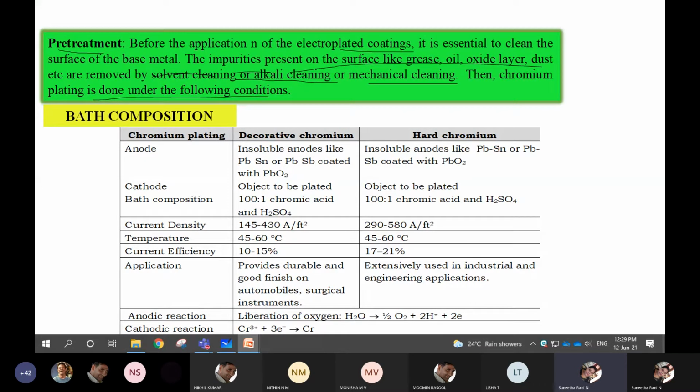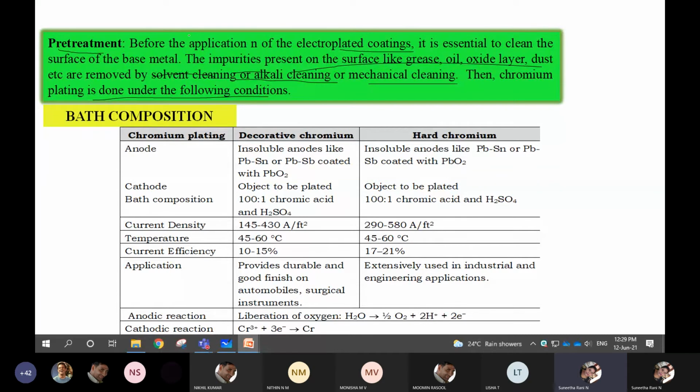See here, you have to first remove whatever is on the object. You have to clean that surface. I'll give you a simple example. Before painting a wall, immediately after construction, you cannot paint the wall as it is, right? You have to set the wall.